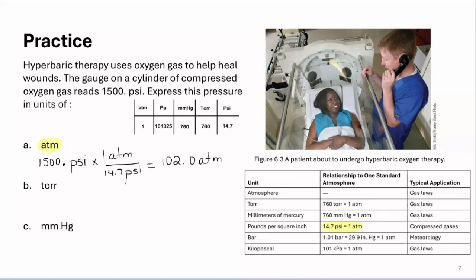Next conversion that we have is PSI to torr. We're going to write the measurement given.